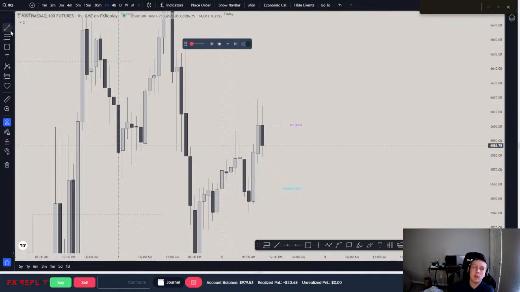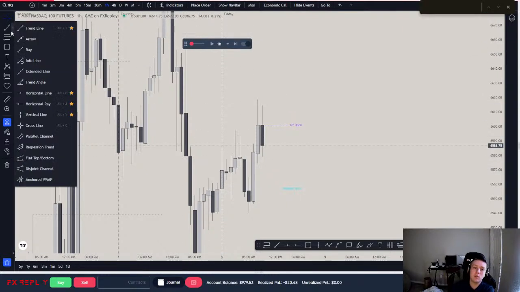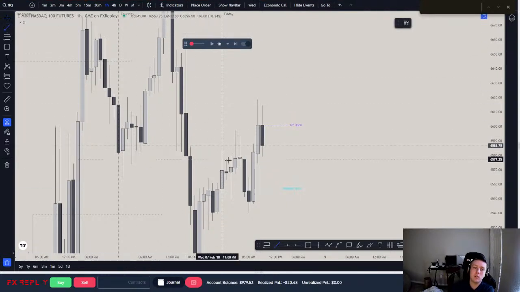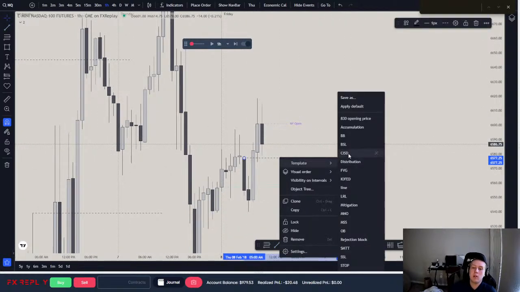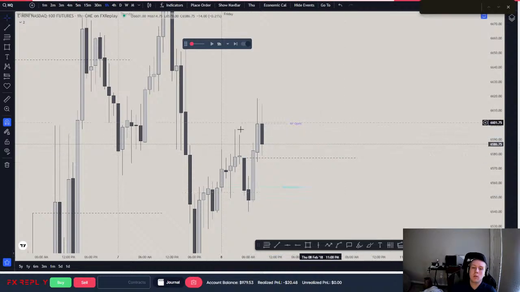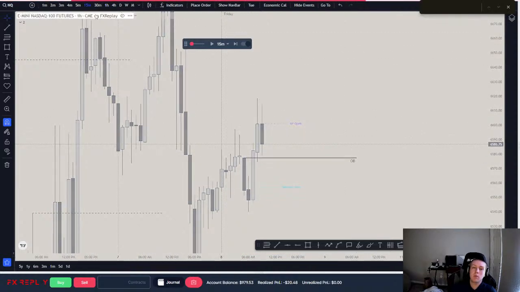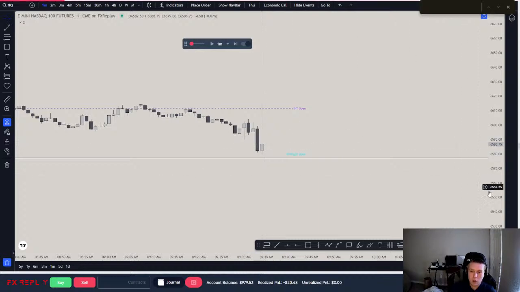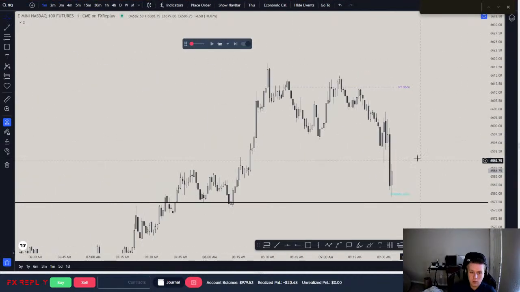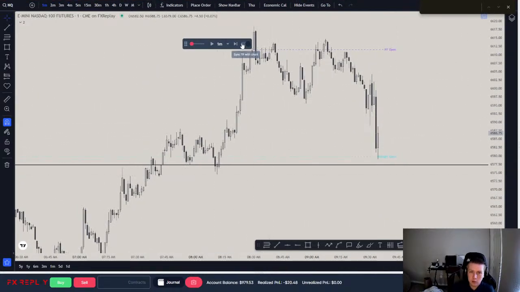It's also here on the NQ. The order block. There we go. Also this low too.